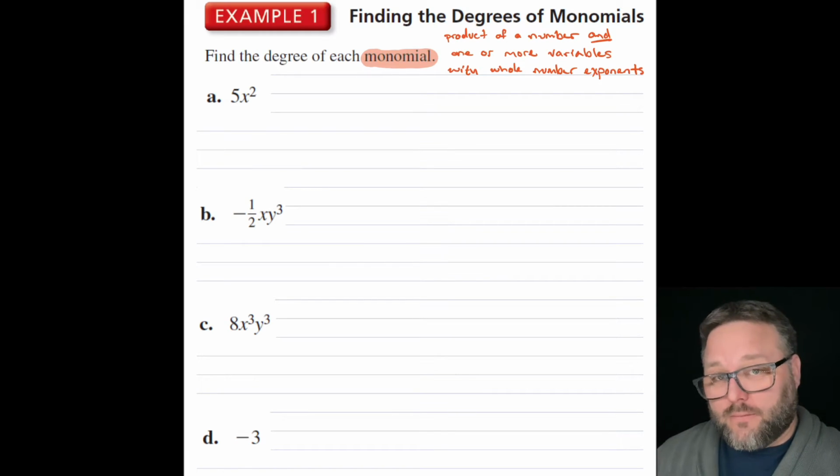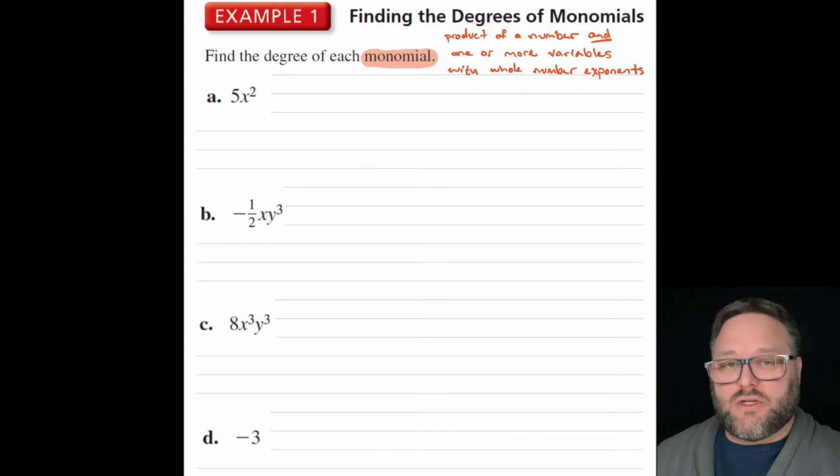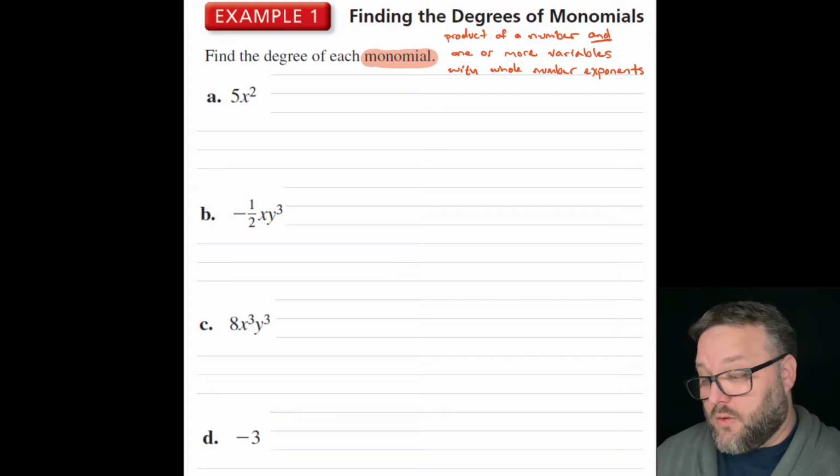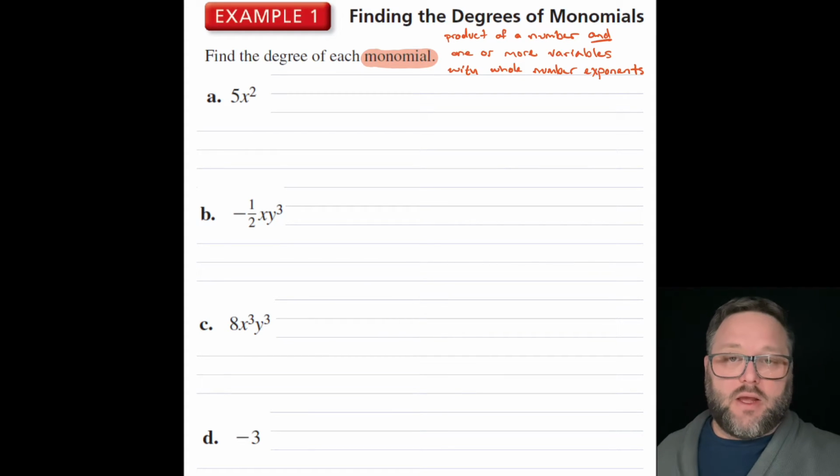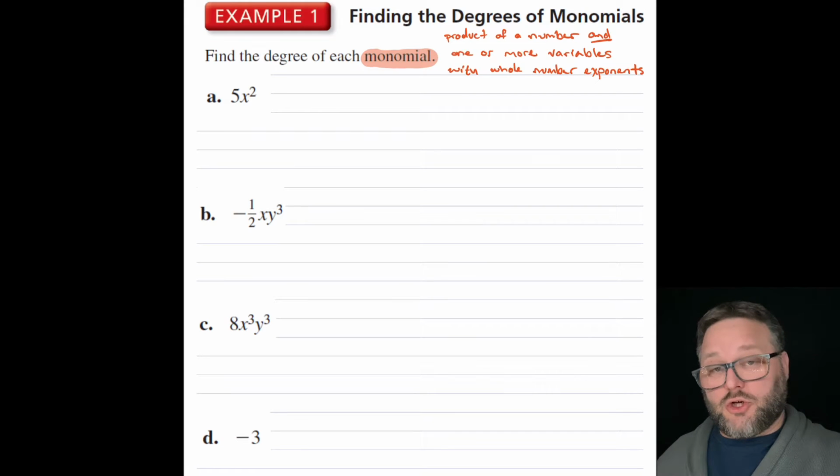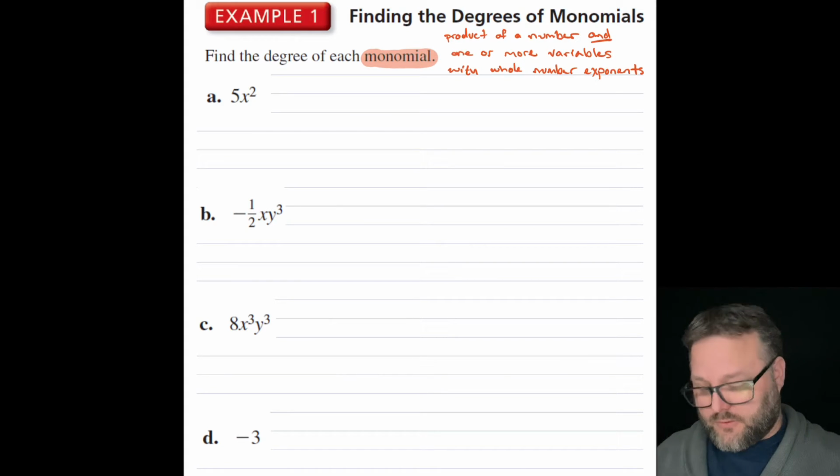A monomial means you essentially have no addition, no subtraction, nothing like that. You have a term. Something we've talked about before is a term. You have a number, you have a variable, or you have a combination of a number and a variable or multiple variables.